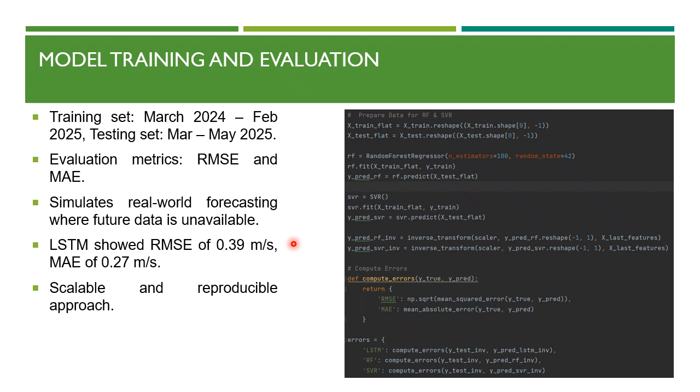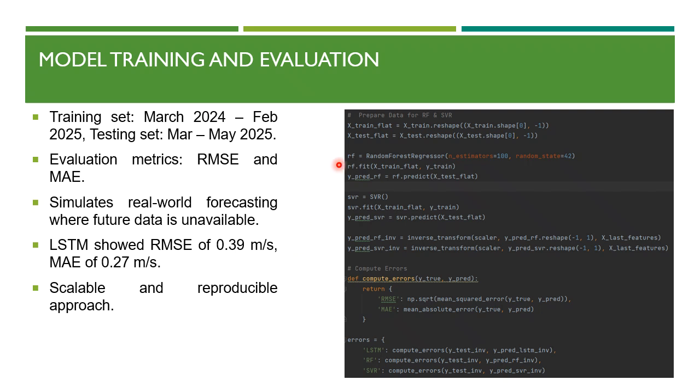They are error measurement algorithms, and the LSTM model achieved an RMSE of 0.39 meters per second wind speed and an MAE of 0.27 meters per second. Both are strong indicators of accuracy and reliability for microgrid applications.